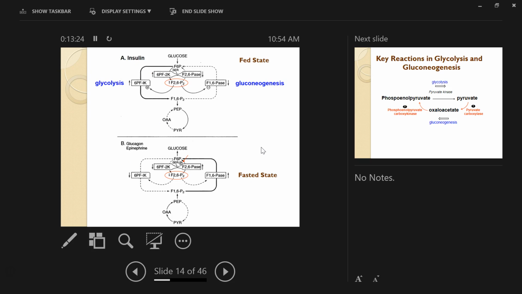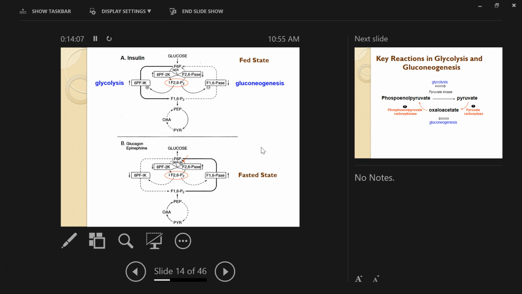So now here is a more comprehensive diagram to put together everything I just described, and to understand how the second pair of key enzymes in glycolysis and gluconeogenesis is regulated by insulin or glucagon in fed or fasting conditions, right? So the top part of this slide is the fed condition, and insulin level should be increased.